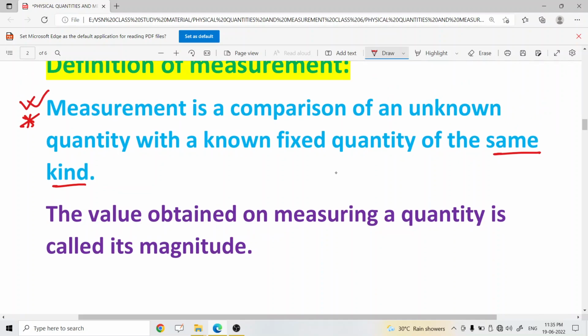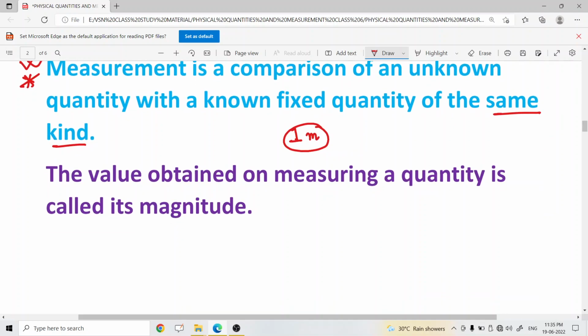Generally, suppose we take a standard value of length, that is 1 meter. Then at first we find out the length of any body and compare it with 1 meter. That's why we make a measurement. The value obtained on measuring a quantity is called its magnitude.